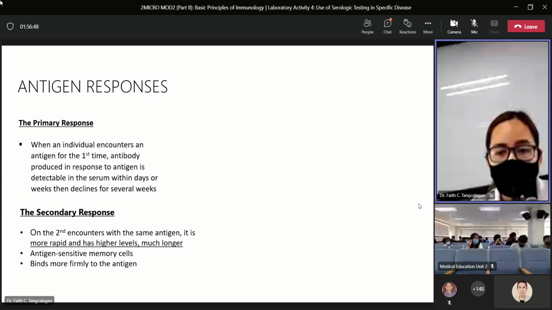Because your cells tend to develop antibodies, causing memory cells. They remember that antigen. That's why it's faster, they can react faster to the infection, and they can generate higher levels of T cells and also higher levels of immune response, and it can persist much longer.